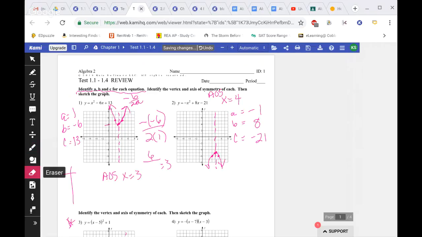And in order to get my y value, which also will be my minimum or my maximum value, I will substitute that 3 back into the equation.